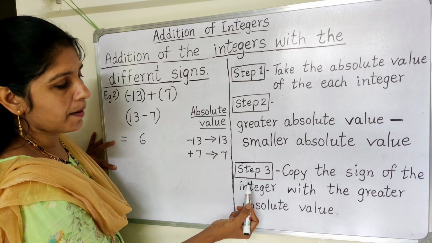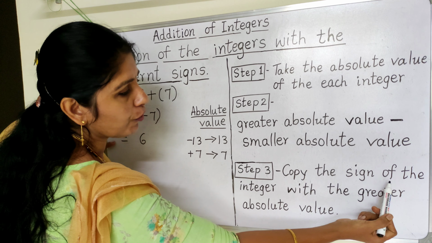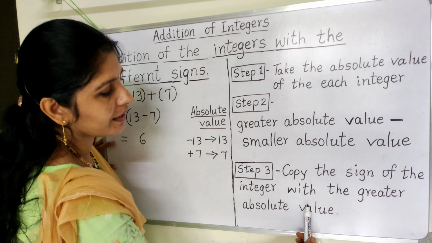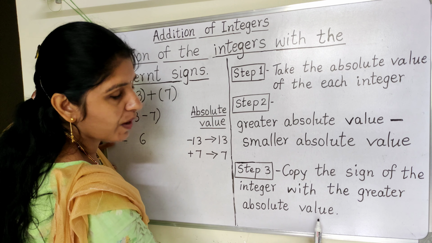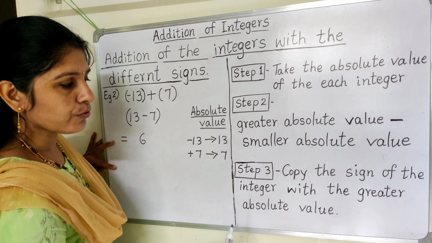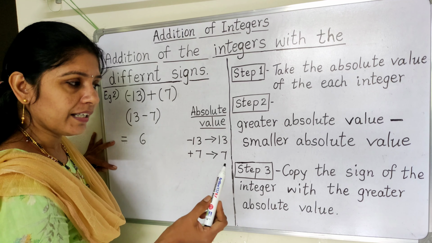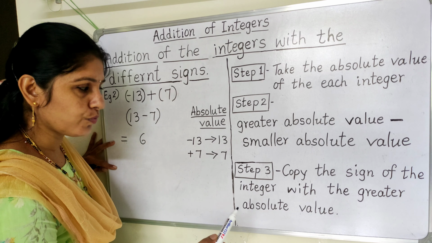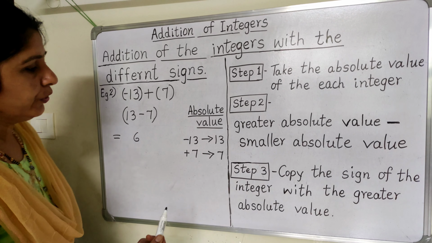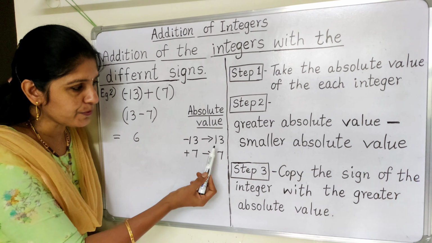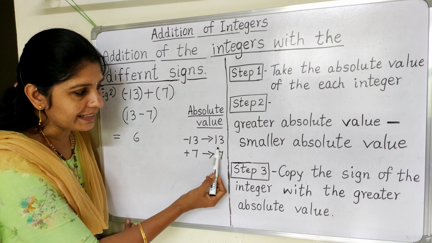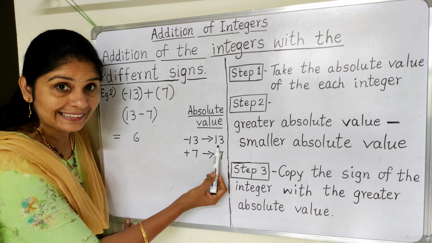Observe the third step. Copy the sign of the integer with the greater absolute value. We have to copy the sign of the integer with the greater absolute value in the answer. Observe the absolute values. The greater absolute value is 13.